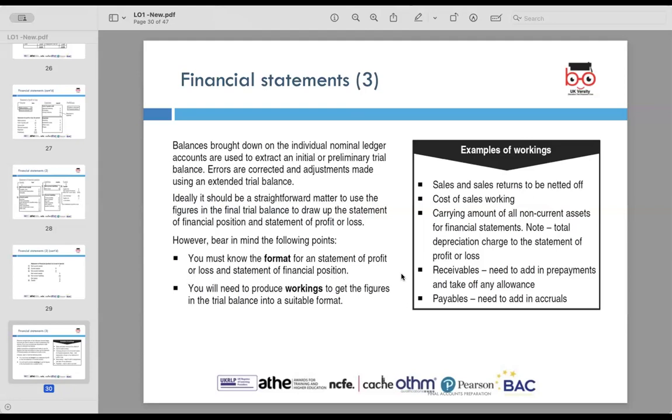This involves also preparing financial statements, statement of profit or loss, statement of financial position, which is also known as the balance sheet. Challenges and considerations: understanding the correct format for each financial statement is important to ensure compliance with accounting standards and regulatory requirements.